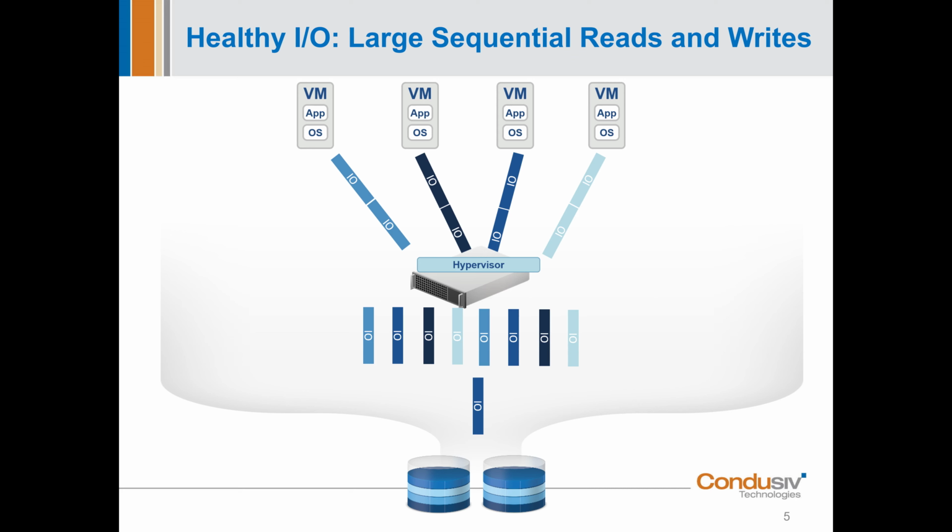What V-locity is in effect doing is taking all of the people out of the cars and putting them into buses or coaches and removing all of the cars from the motorway and getting rid of all of that congestion so that now all the people, or your data, can flow to their destination in a much more efficient manner. I hope that makes sense as an analogy.